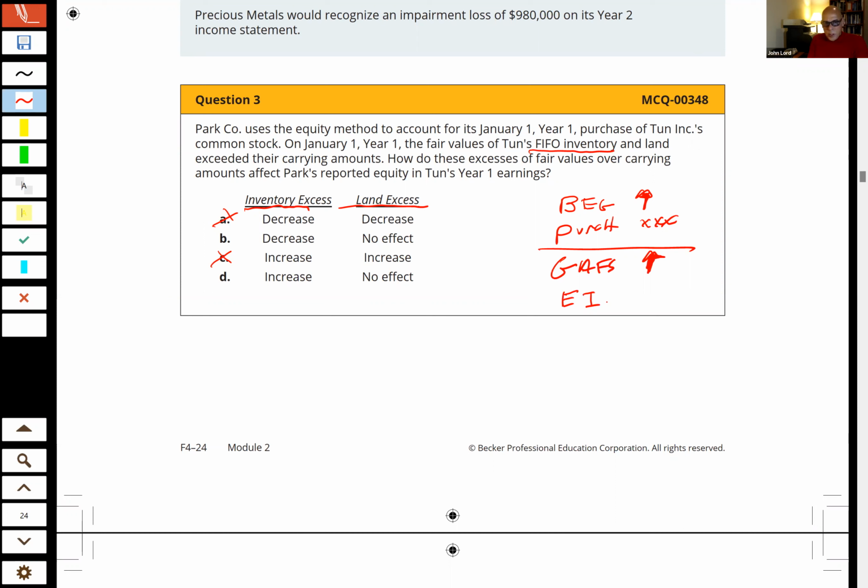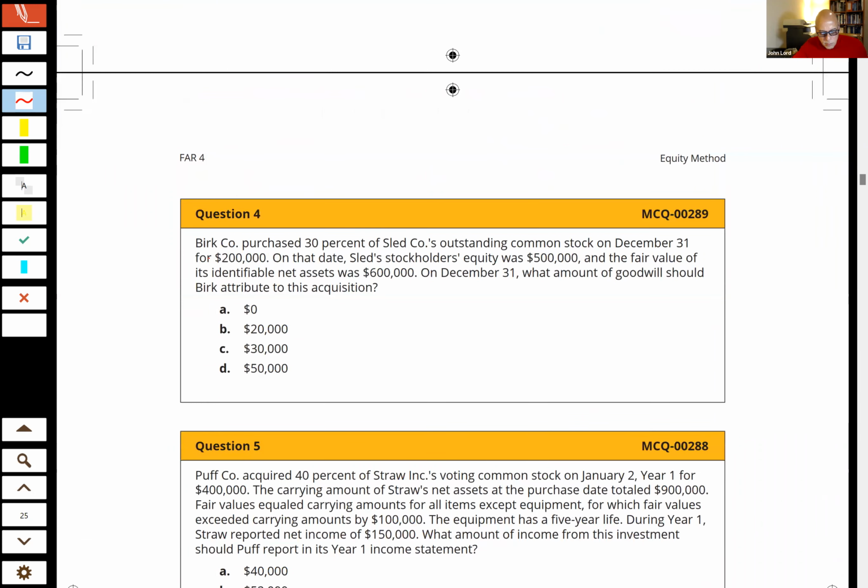Remember when we talked about ending inventory being pretty much at replacement cost under FIFO, there really wouldn't be any effect on the ending inventory there. So if my goods available for sale are higher, then my cost of goods sold is going to be higher. If my cost of goods sold is higher, my net income is lower. And so that's why B is the correct answer. Question. Okay, good. Let's look at a couple more.